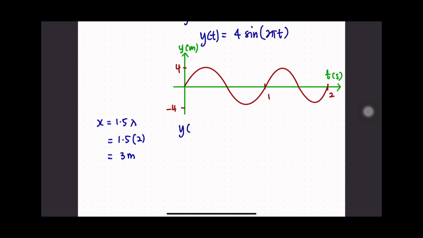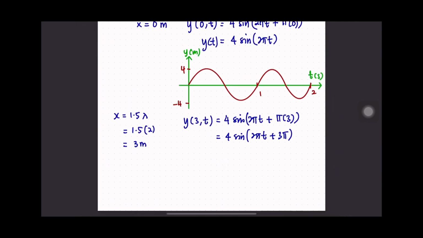So now substitute the value of x, 3 meter. x 3, t for sin 2 pi t plus pi darab dengan 3. So, dia akan dapatlah 4 sin(2 pi t plus 3 pi).